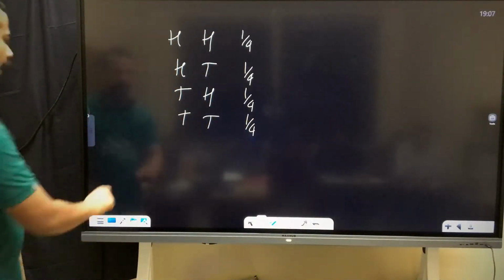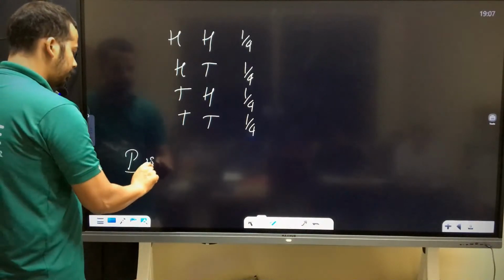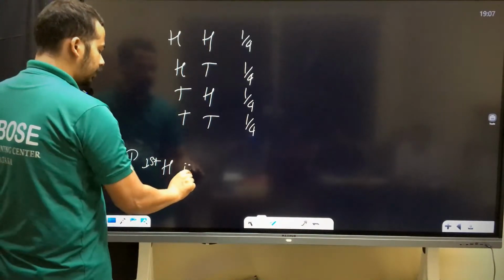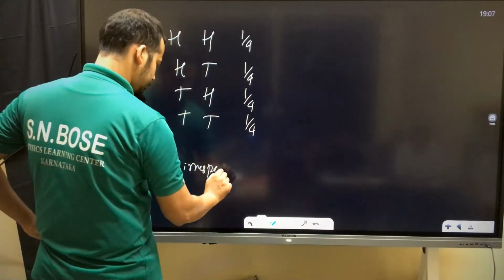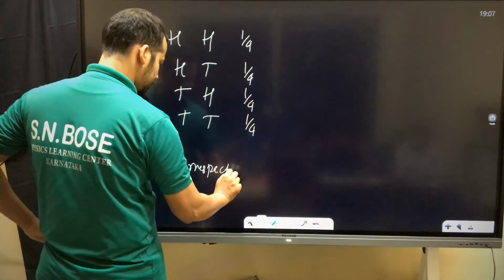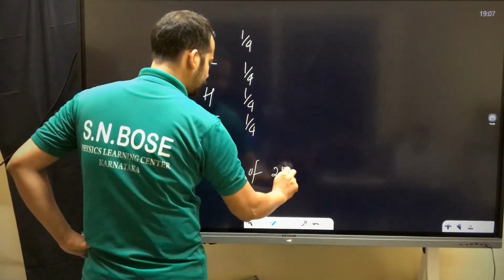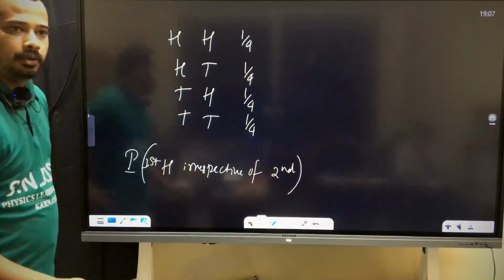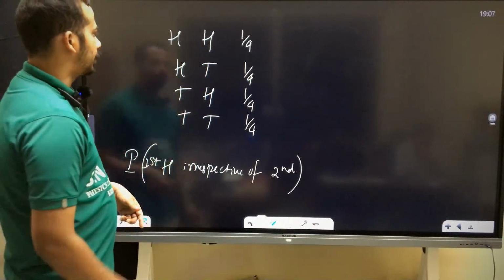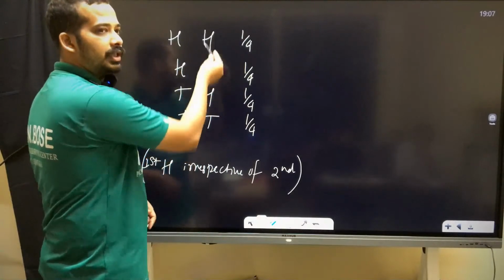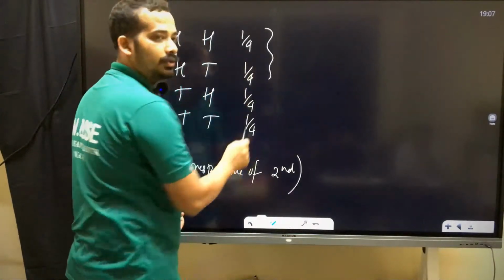Now I need the probability of the first being head irrespective of the second. How do you find this one? The first one should be head, the second one can be anything. You should add these two, am I right?